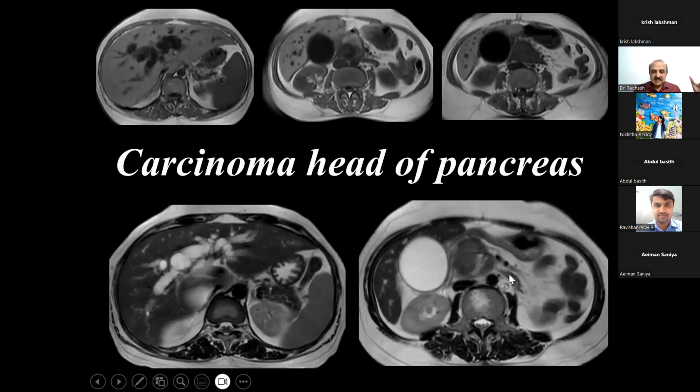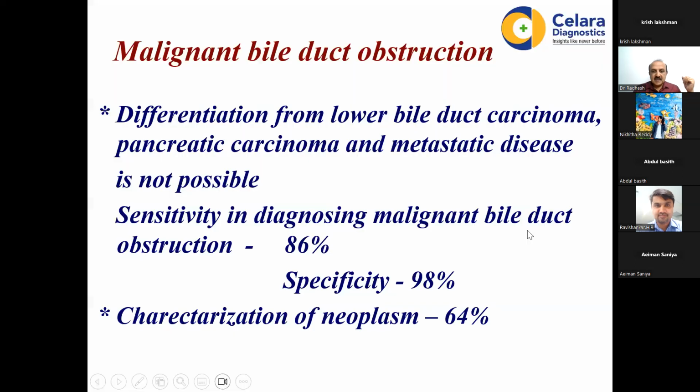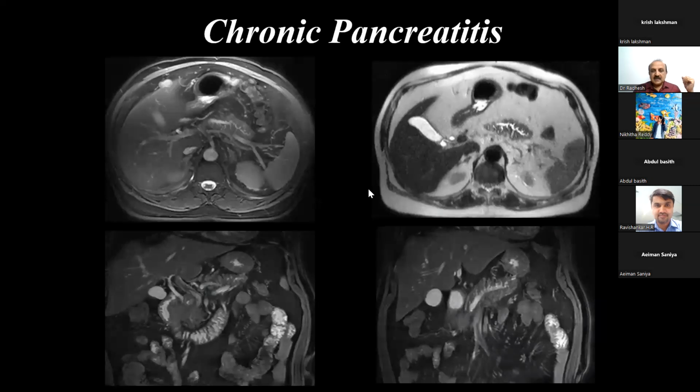This is a double duct sign. Okay, you can get it in periampullary carcinomas, and you can also get it in head of the pancreas carcinomas. So unlike the smooth dilatation you see in carcinomas, you see irregular dilatation in case of chronic pancreatitis. So that is how you differentiate.